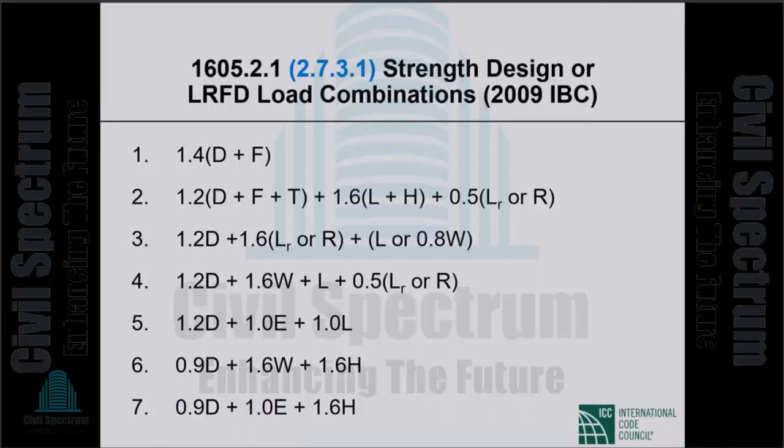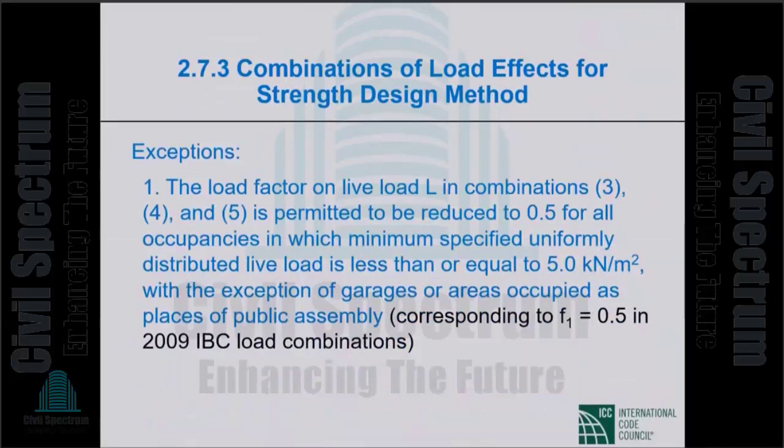You have to take the live load factor as 1.0 for parking structure decks, for assembly areas, and for areas supporting more than 100 pounds per square foot of live load. 100 pounds per square foot in your case is 5 kilonewtons per square meter. So unless you are designing a parking structure, a place of public assembly, or an area supporting more than 100 pounds per square foot of live load, your live load factor is 0.5 rather than 1.0.